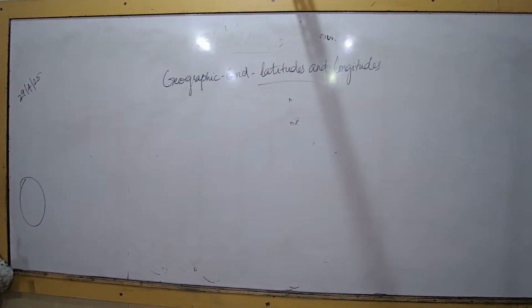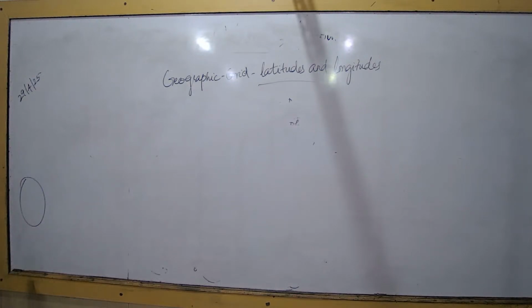If at all it is round in shape, there is the possibility that from one point we may fall down. But we are not falling down because of the gravitational force. But how can we identify all these things? That is why some imaginary lines are drawn on this globe. But on the earth, there are no lines.